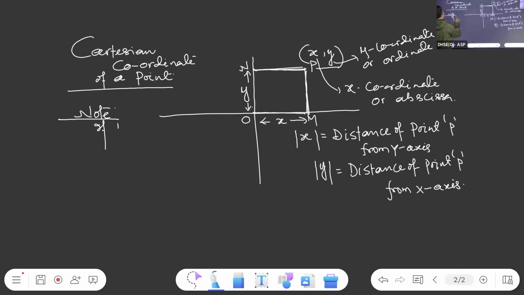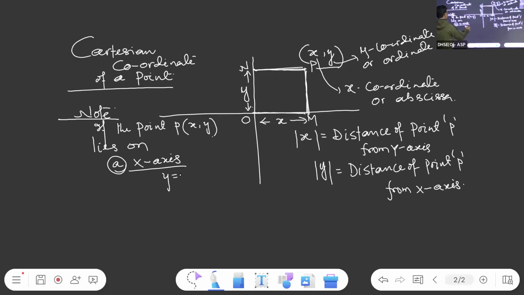Point P having coordinate x comma y lies on x axis, then y is equal to 0.